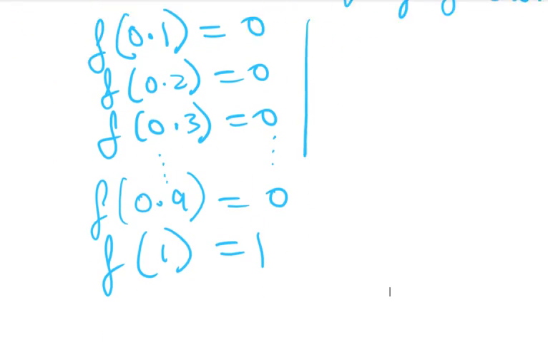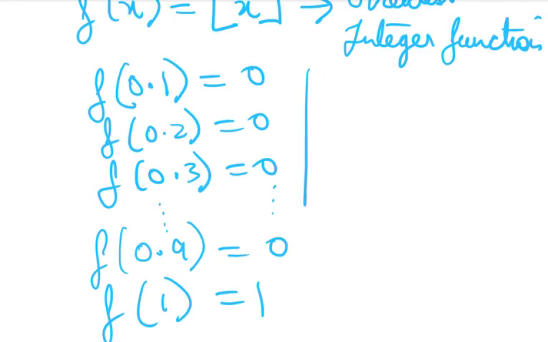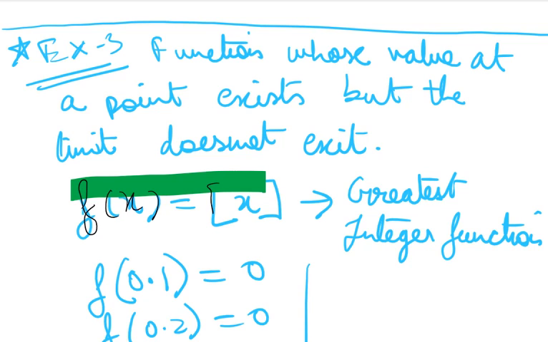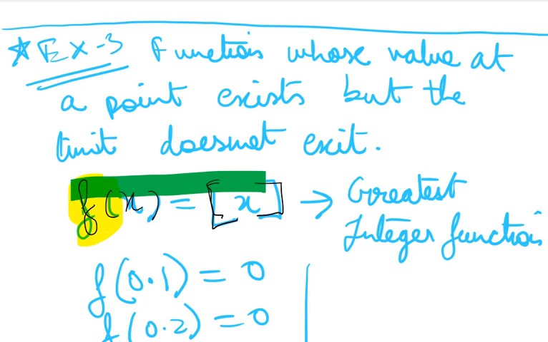So that's called the greatest integer function. I hope you have understood what is the greatest integer function, although you already know it. So let's try and show that for this greatest integer function f of x, its limit does not exist but the function does exist.